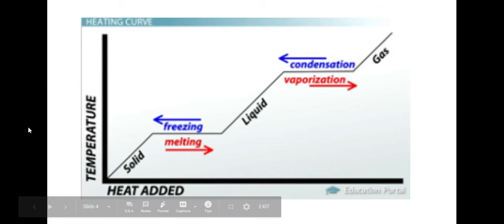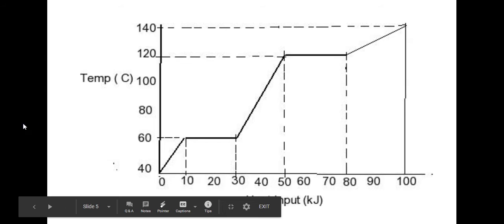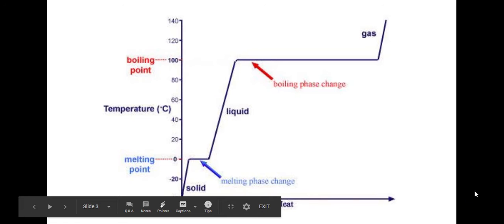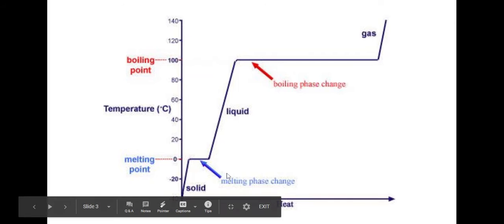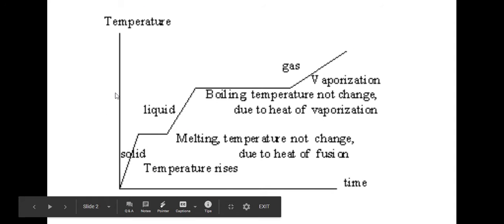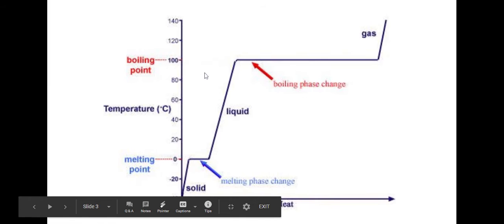So if you look at this particular graph, you can see this one notes the melting point and the boiling point. Now, this graph that we looked at here is temperature versus time. This graph here is actually temperature versus the amount of heat.